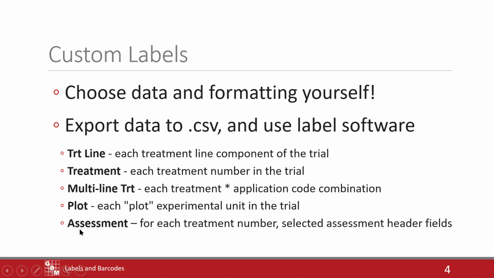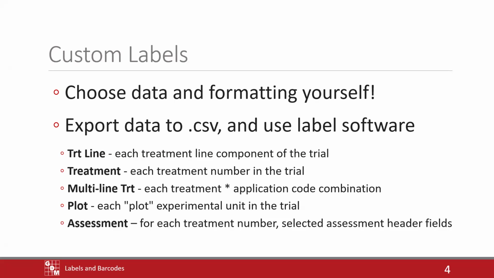The file itself, kind of like we saw in our list of built-in labels, depending on what type of label you want to generate, will have a slightly different format, a slightly different set of information to export. So that's these options here. When you go to create the file, you've got these different types, just depending on what you're trying to generate.